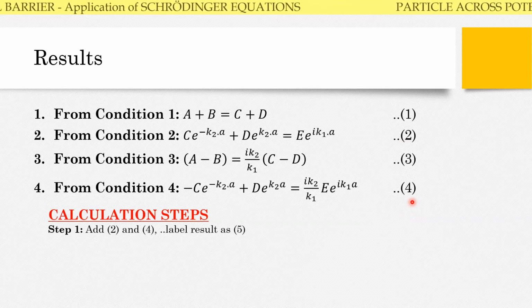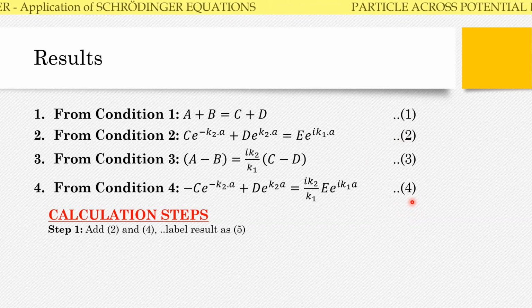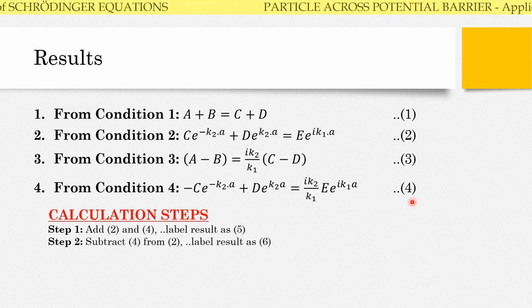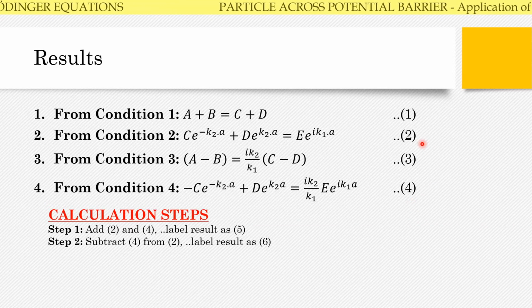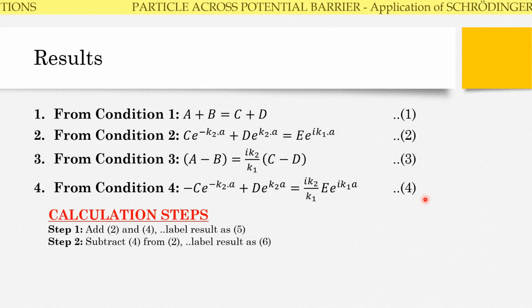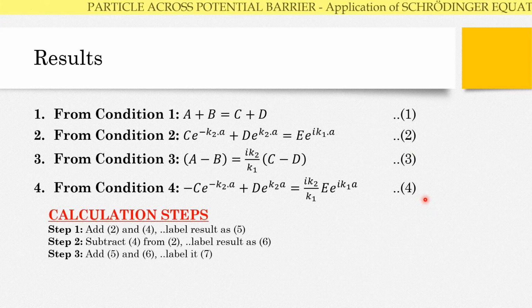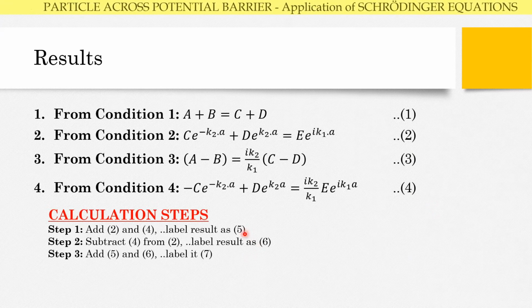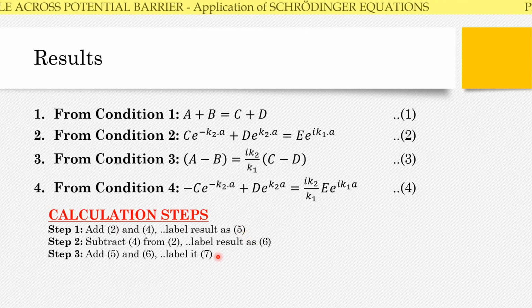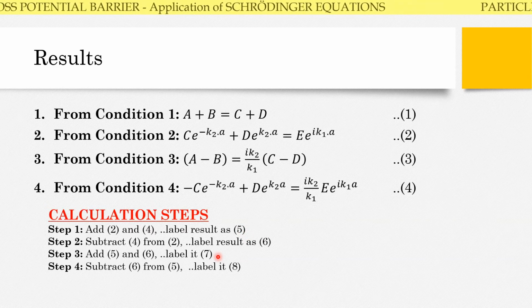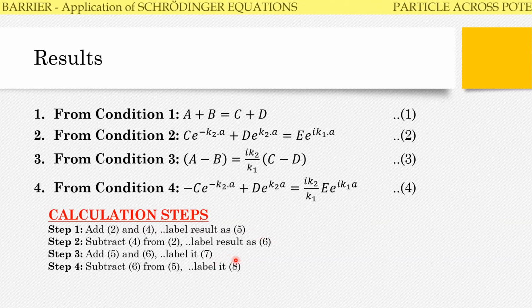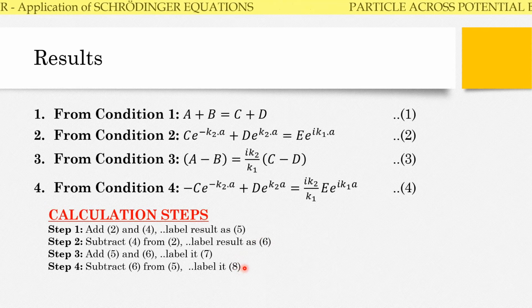After adding, label the final equation as equation number 5. In step 2, you just subtract these both equations and label the result as equation number 6. In the third step, add these resulting equations 5 and 6 and label it as equation number 7. In the next step, you just subtract these both equations and label it as 8.